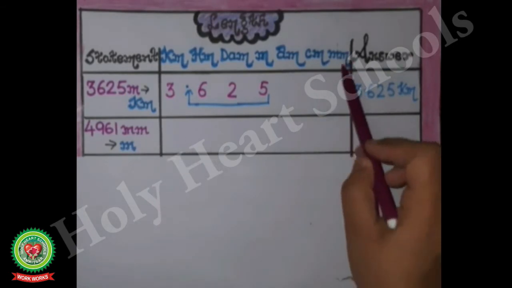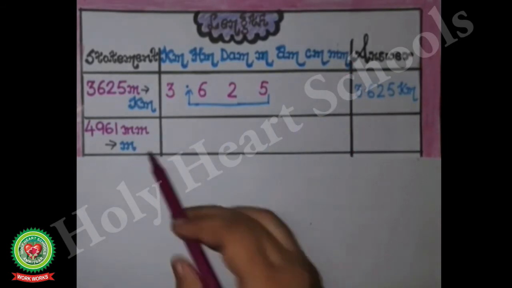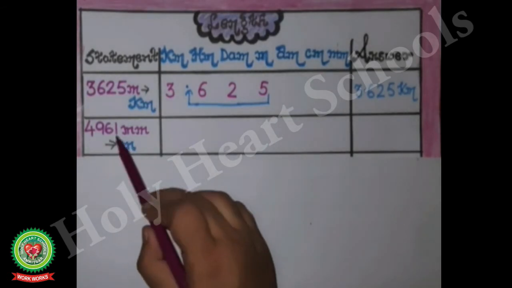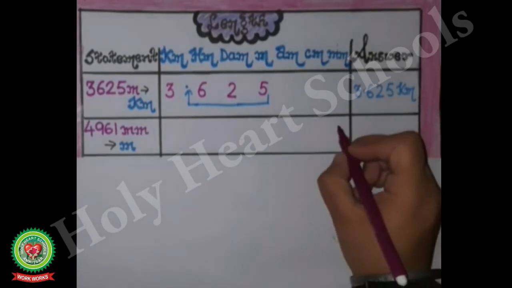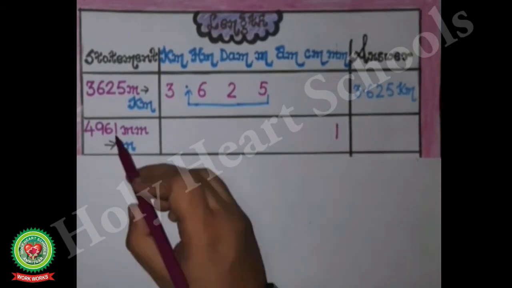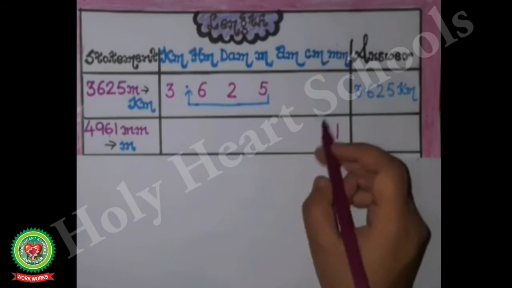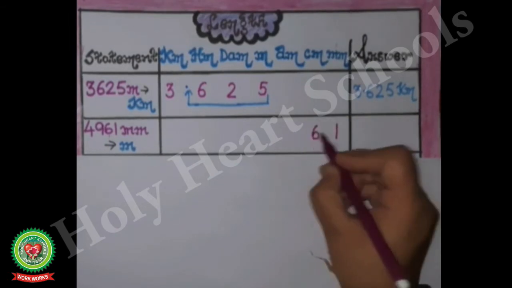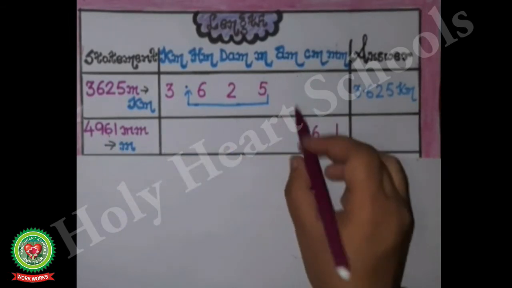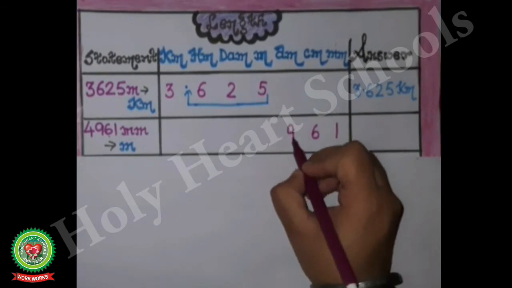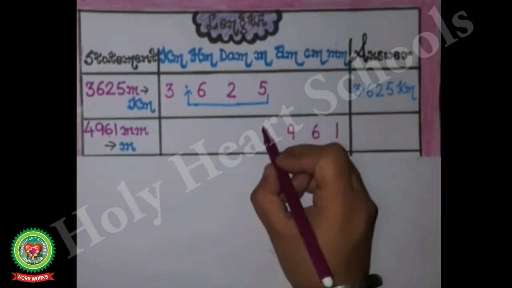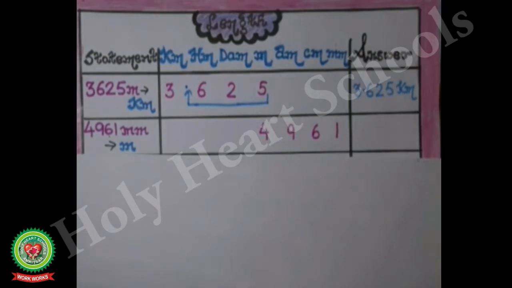Here millimeter is given. So let's arrange the numbers. Arrange the number from back. So first of all, 1 will come under millimeter, 6 under centimeter, 9 under decimeter and 4 under meter.